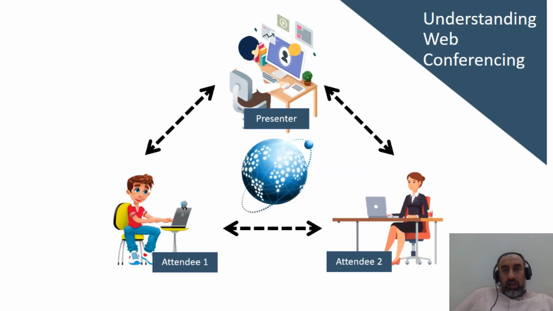In general, just to make sure what web conferencing is, there will be a facilitator on one side, an attendee on the other side, and connecting the facilitator or presenter and attendee is a stable internet connection. So for web conferencing, you need a stable internet connection. You can add as many attendees as you want.